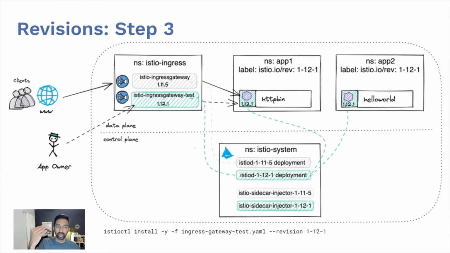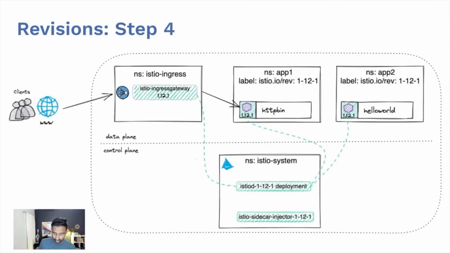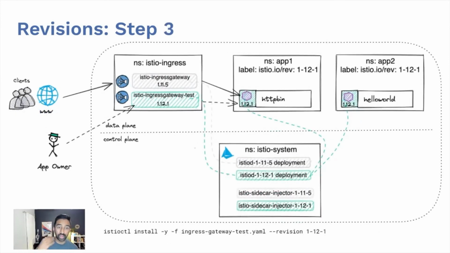You deploy a secondary gateway, a canary version of the gateway or test version of the gateway, whatever you want to call it. And then after you deploy that, you can port forward to that gateway or expose that gateway as another IP address and use that gateway to test your ingress, right? To make sure that your north-south traffic is working well.